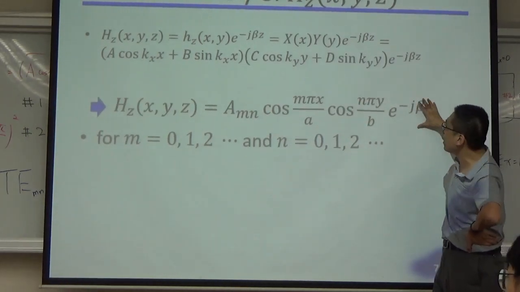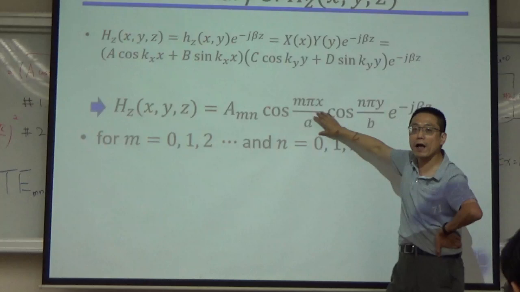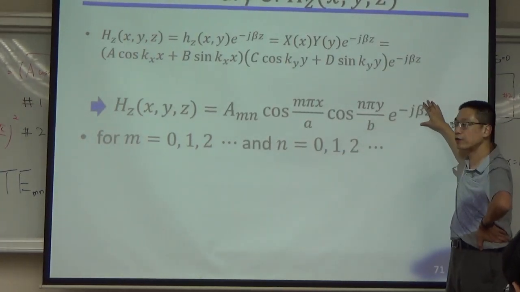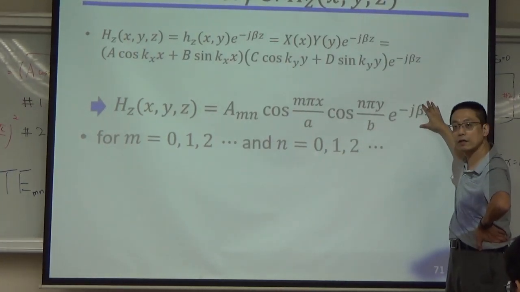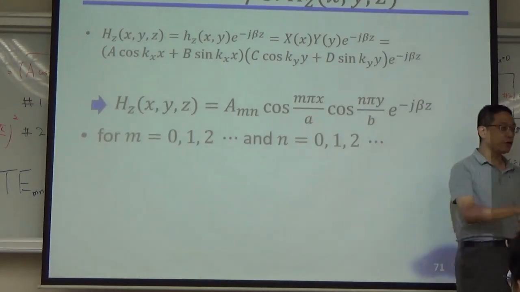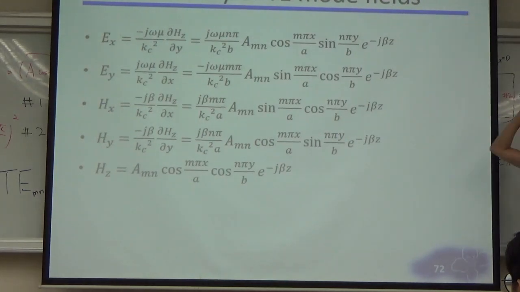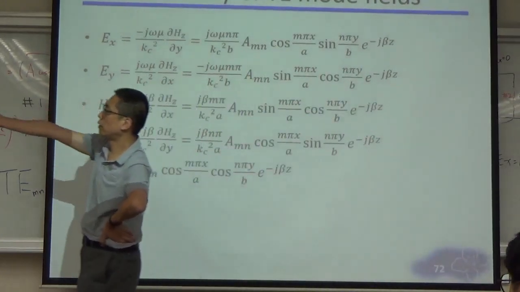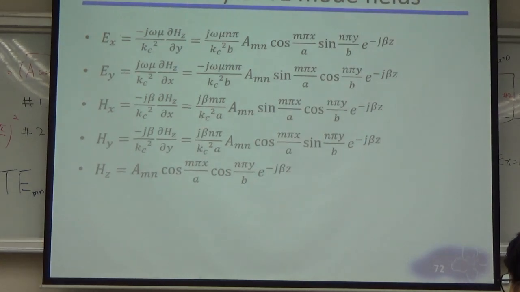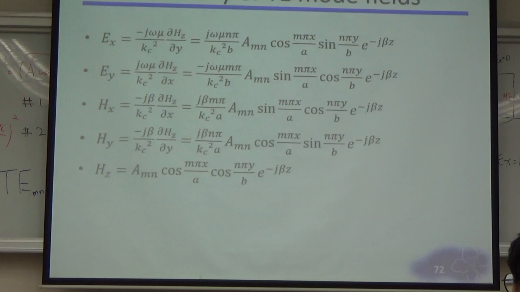So you can write down the final form of your HZ. And after you know your HZ, you can put it back into all these 4 equations and find out all the other fields.